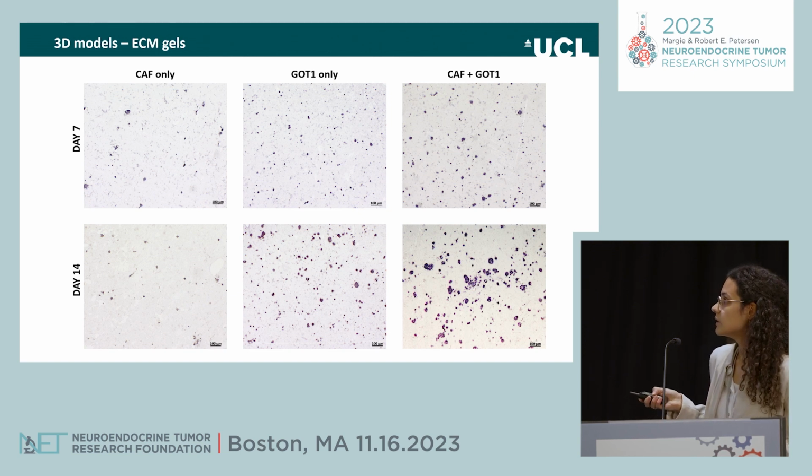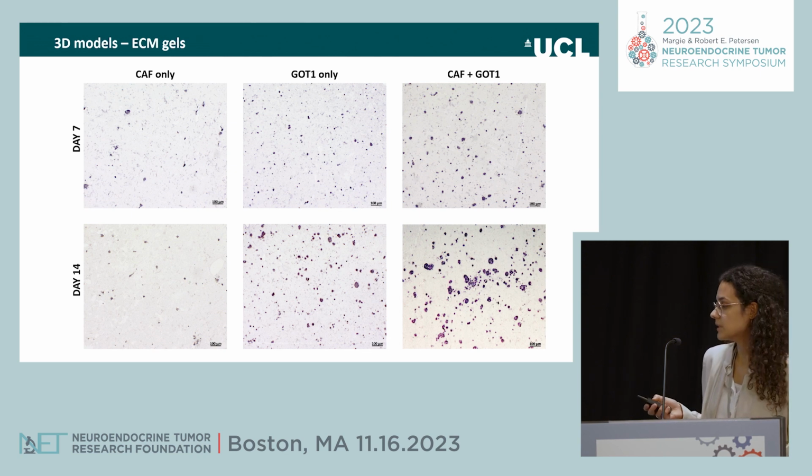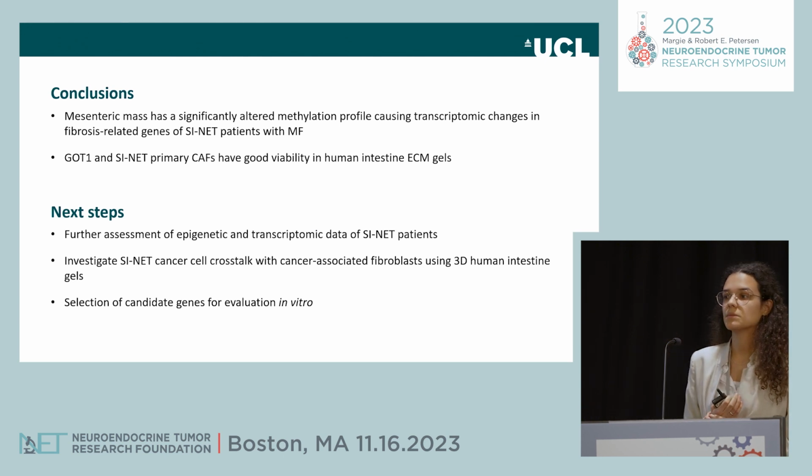While for the GOT1 monocultures and the co-cultures, there's a clear increase both in the number of the clusters and in their size from day 7 to day 14. So in conclusion, we've seen that the mesenteric mass has a significantly altered methylation profile that then leads to transcriptomic changes in the tissue of our SNET patients with MF.